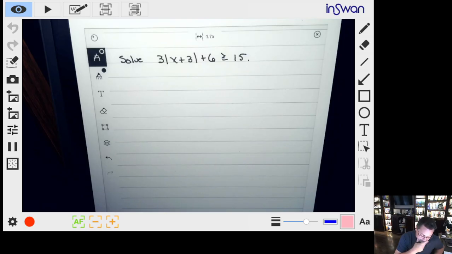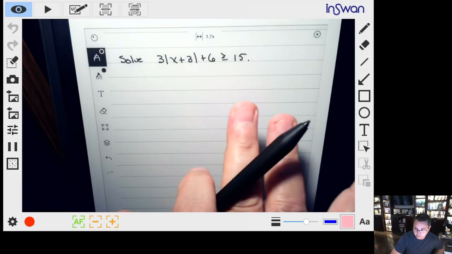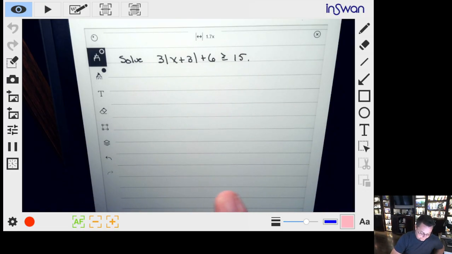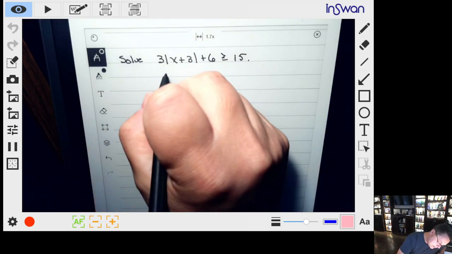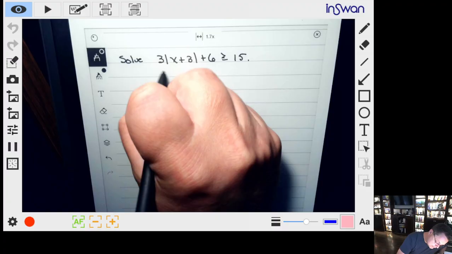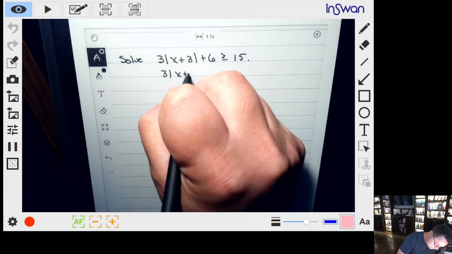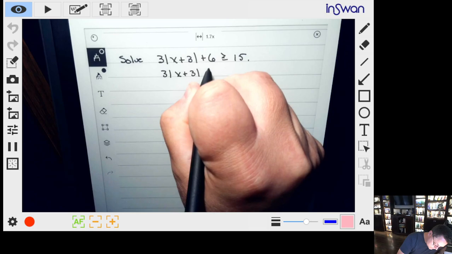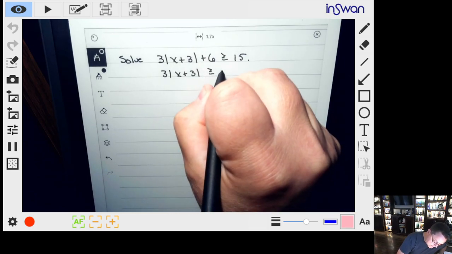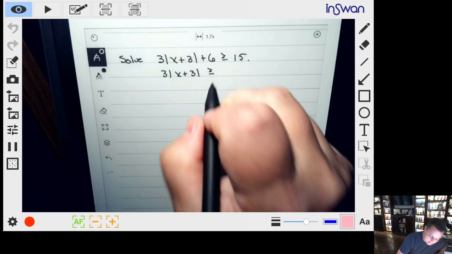So what we're going to do first is isolate the absolute value. We're going to get that thing by itself. So I'm going to subtract 6 from both sides. That's going to give me 15 minus 6, which gives me 9.